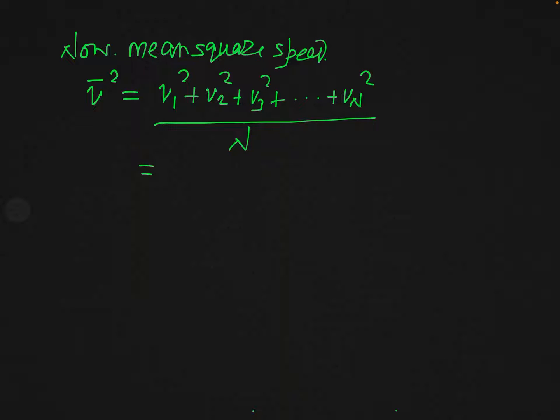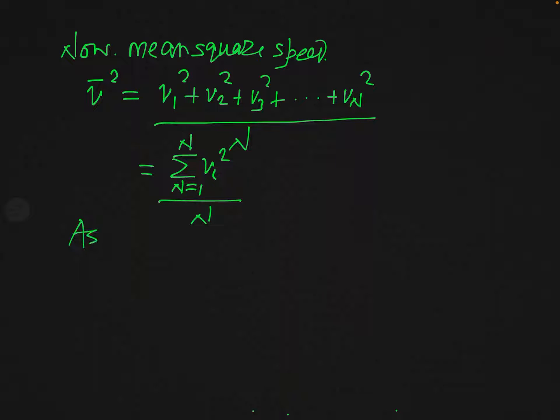You can say this is the summation of vi square, where i runs from 1 to n, divided by the total number of molecules. But as you can see, the number of molecules is very large, so we cannot say that the molecular speed distribution is discrete; speed is almost continuously varying here.